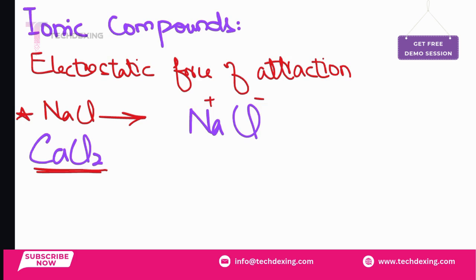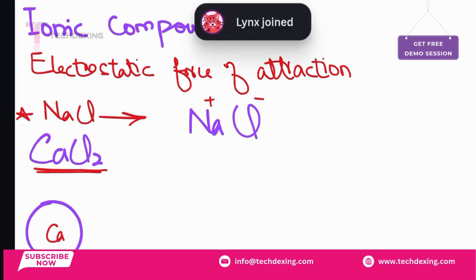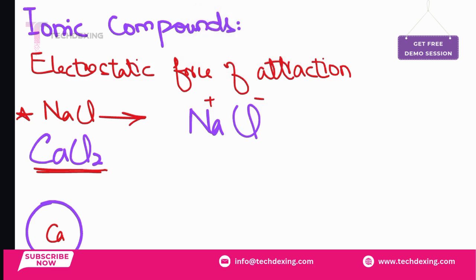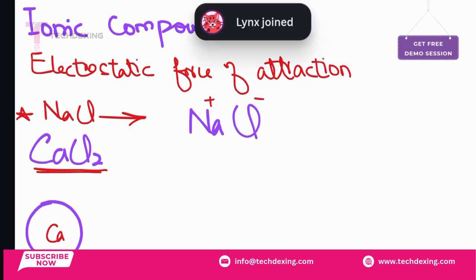And I told you in the previous lesson that whenever we talk about the dot and cross diagrams for various ionic compounds, we have to show the atoms as the reactant, and we have to show the dot and cross diagram for the ions as the product. So first we start with the dot and cross diagrams for the reactants.